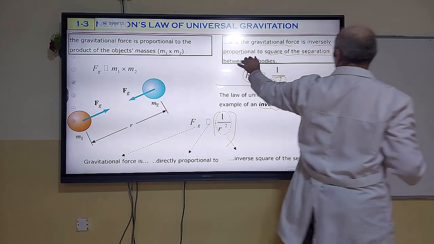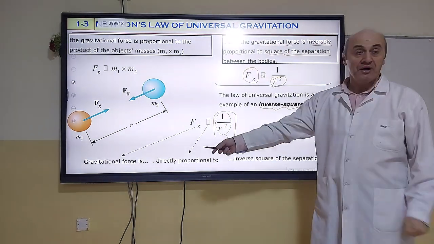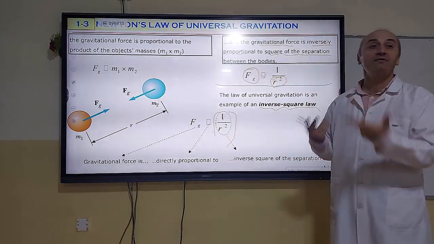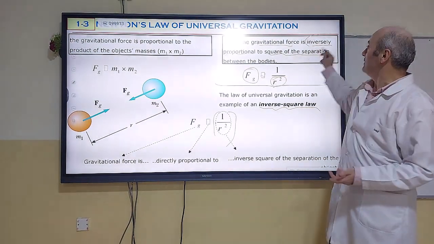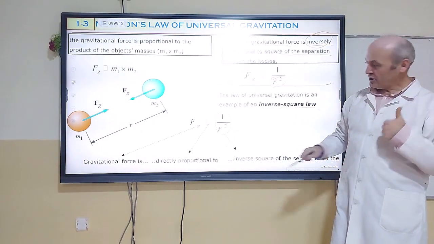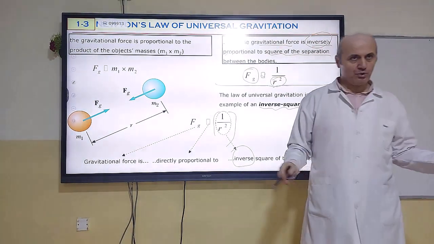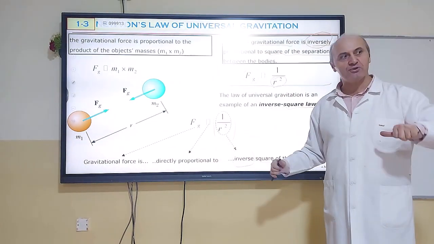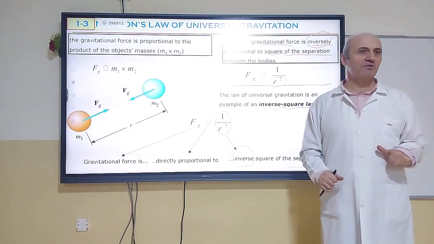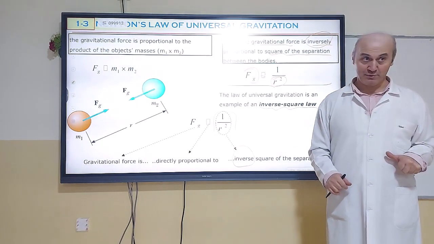Gravitational force is inversely proportional to the square of the separation, or gravitational force is directly proportional to the inverse square of the separation. In your statement, there must be only one inverse. Gravitational force is inversely proportional to the inverse square of the separation would be wrong, because the inverse of the inverse would be direct.